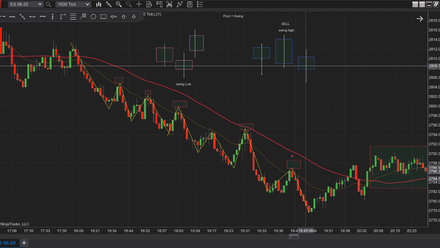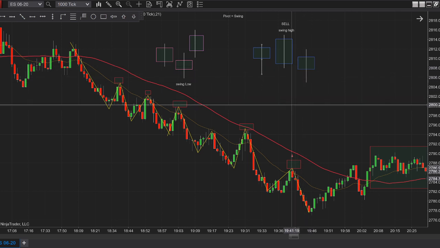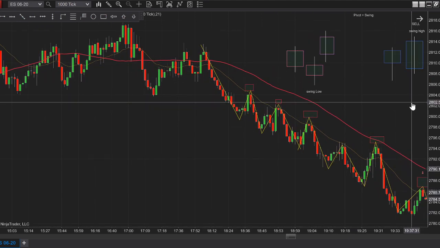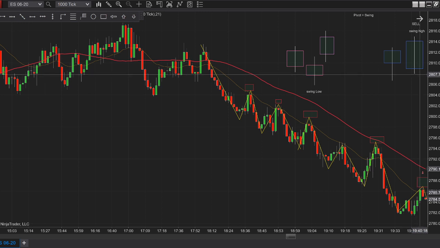The way we want to enter a trade is that we want to anticipate when we will have a candle that goes lower than this low. So we are going to put a sell below the low of this candle, but not directly below the low.